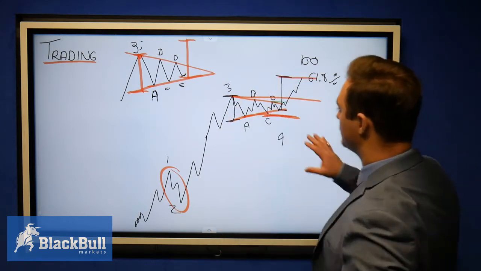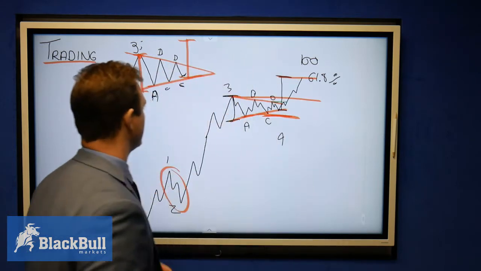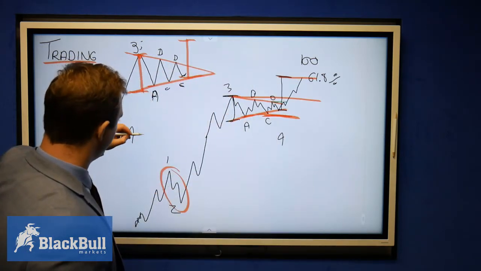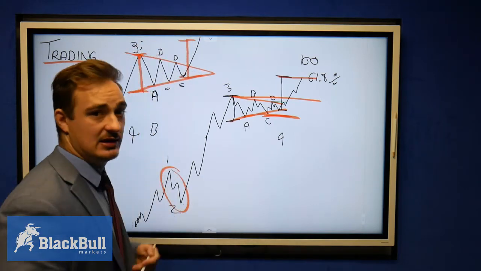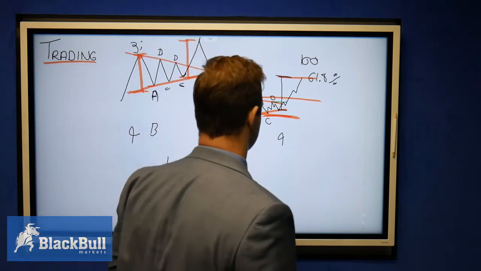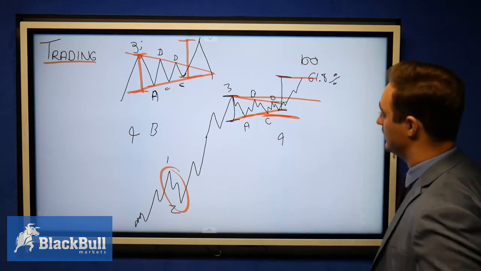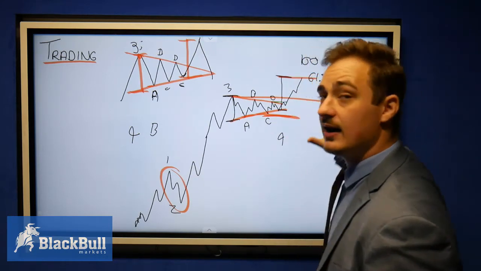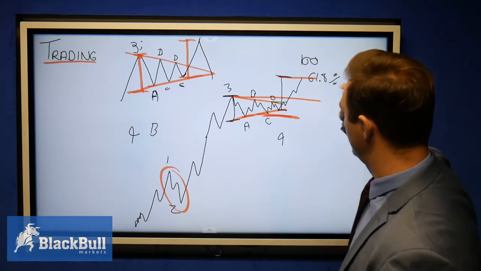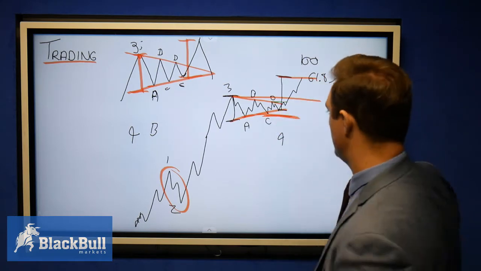Now we know a triangle indicates the last push because it only shows up in a wave 4 or a wave B, which means it indicates a last final push to the upside before the market starts to reverse. So once we've taken our profit, guys, we need to know the chance this market won't continue further higher. So we need to be very careful, and we need to look at closing trades.